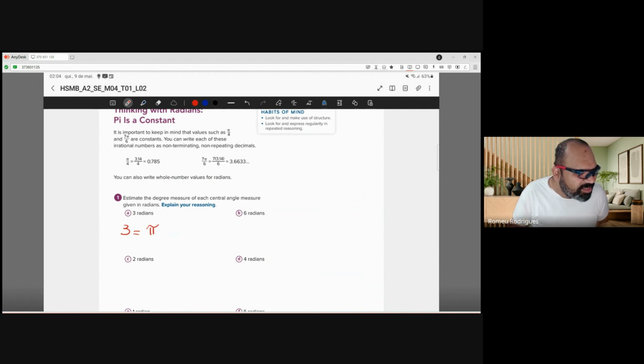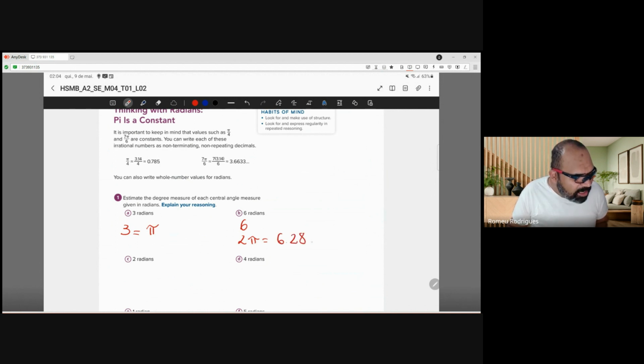Attention here on another example I give to you here. 6 radians here. How do we know that thing here? 6 radians is a little less than 360 degrees. How do I know that? Because 2 pi radians, 2 pi equals 6.28.